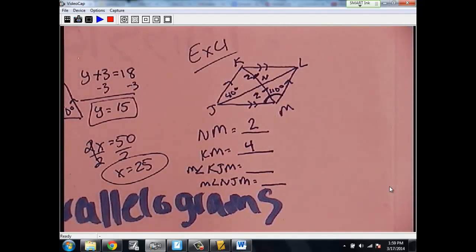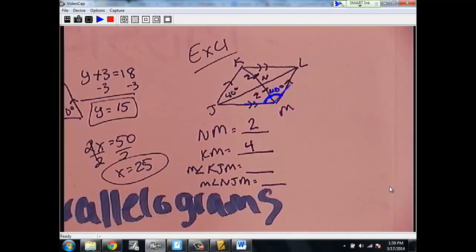And then we get a little tricky, not super tricky, but a little bit. Watch closely on this one. I'm telling you, this whole angle in here is 110 degrees. Does that make sense? What kind of angle is 110 degrees? Acute, obtuse. Obtuse. Does this appear to be an obtuse angle? Yeah.